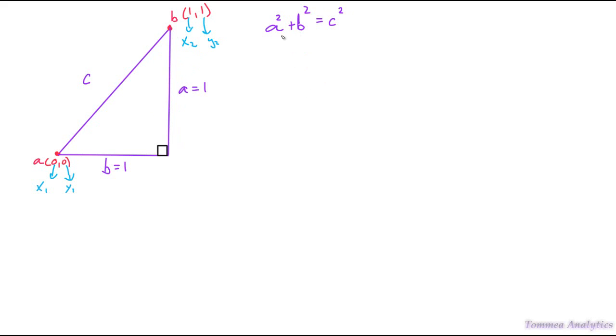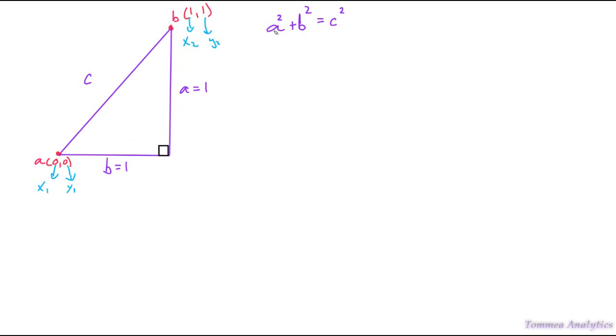So a really is the distance, what we have is 1, but it more specifically is the vertical distance in the y direction of point B projected off of A. That vertical distance is equal to y2 minus y1. And in the horizontal direction, we want to know the horizontal projection of the point B off of A in the x direction. That's going to be equal to x2 minus x1.